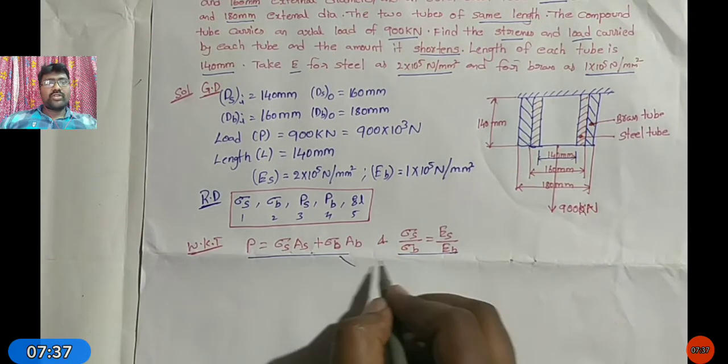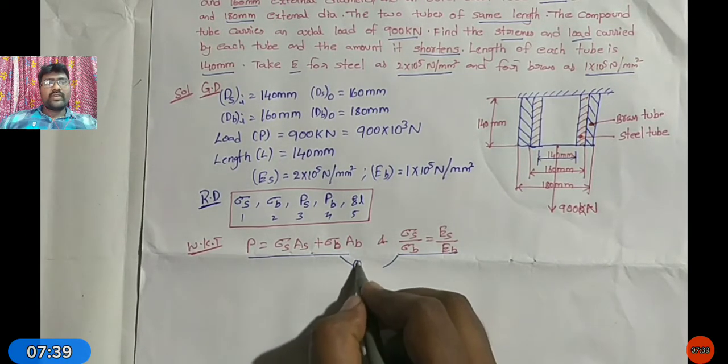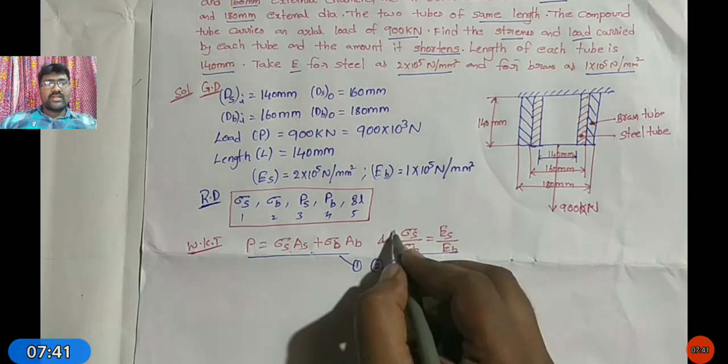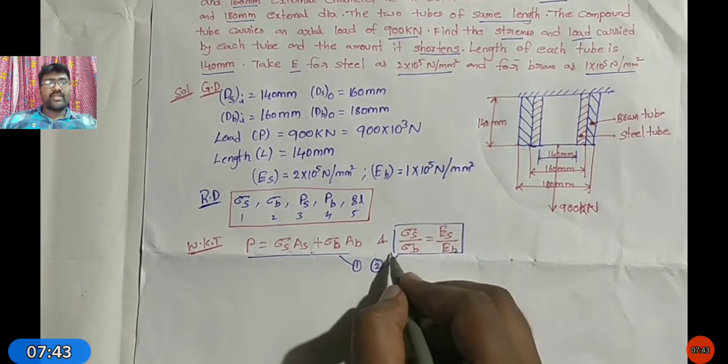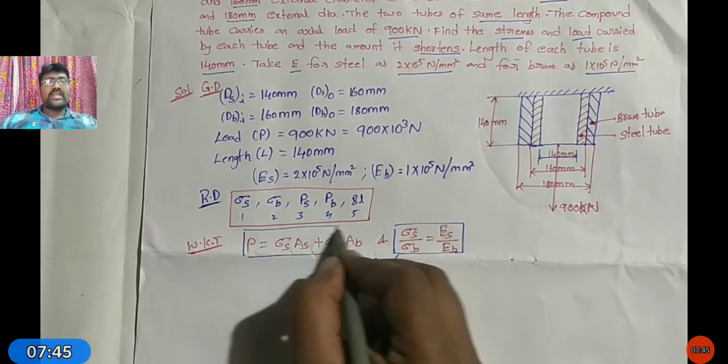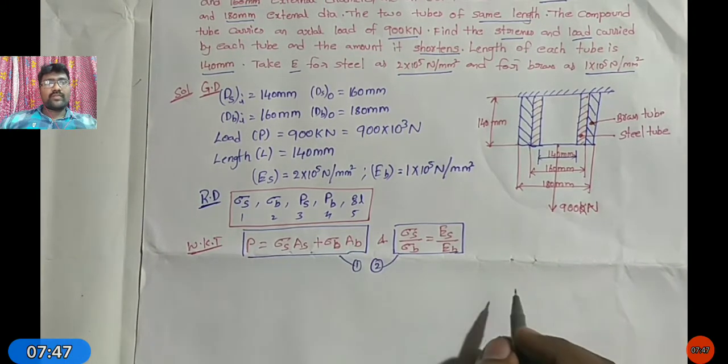From these 2 equations, we can calculate stresses and load shared by the steel and brass tube.